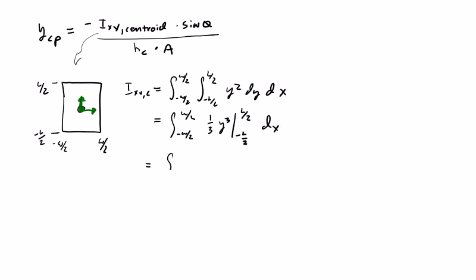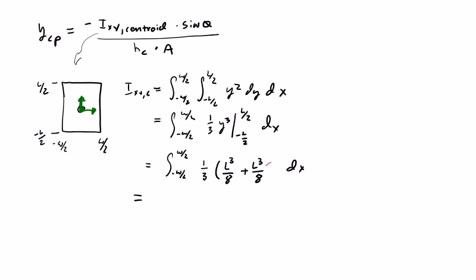So this equals the integral from minus w over 2 to w over 2 of 1/3 times L cubed over 8 plus L cubed over 8, right? Because minus L squared is going to be minus, and I have a minus there, so I get that plus, and 2 times 2 times 2 is 8. All right? dx.